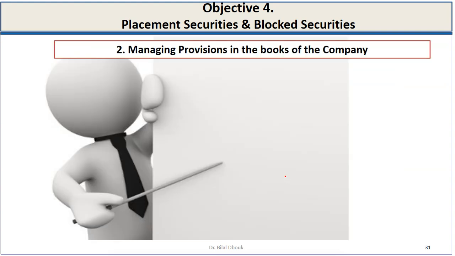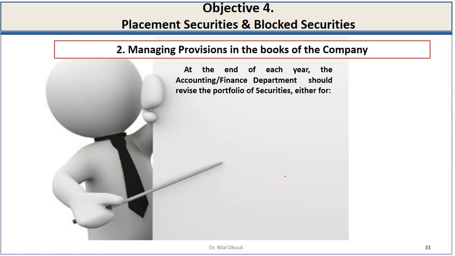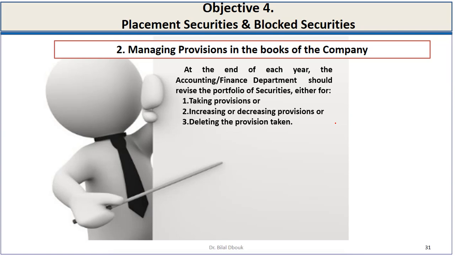Moving to the second part of this objective, regarding how to manage the provision in the books of the company related to placement and blocked securities. At the end of each year, the accounting department should revise the portfolio securities, as we usually do for assets or inventory. We either take a provision, or increase or decrease the provision, or delete the recorded provision.